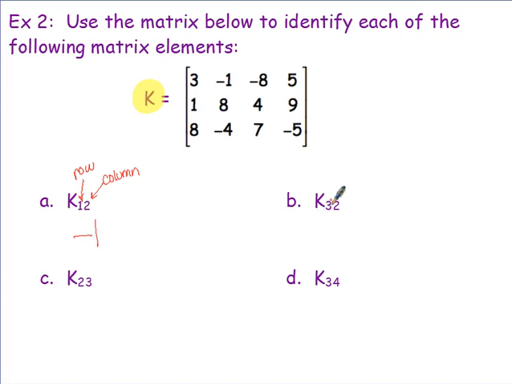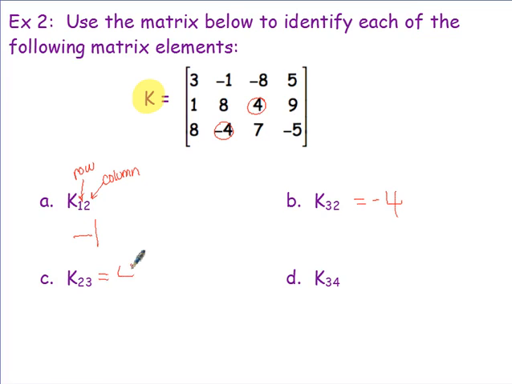K32. We need the third row, second column. So first row, second row, third row, first column, second column. We're looking at -4. K23, second row, third column. First row, there's the second row, 1, 2, 3.